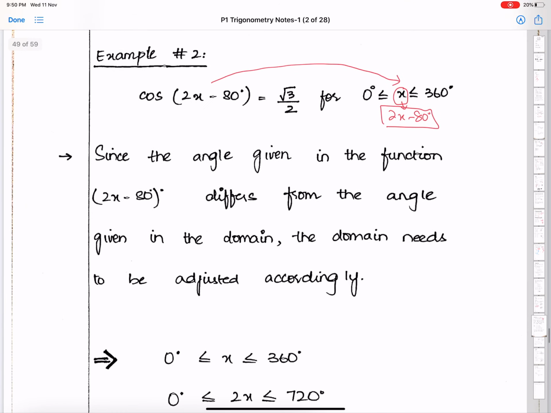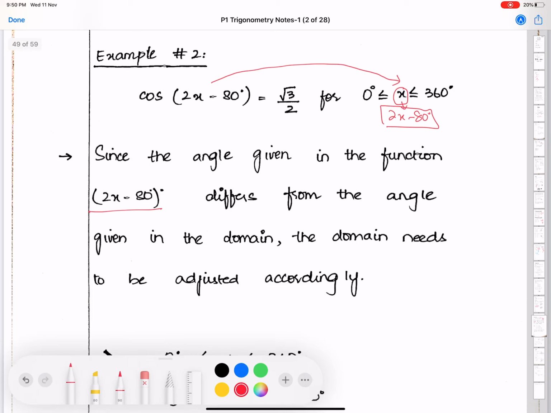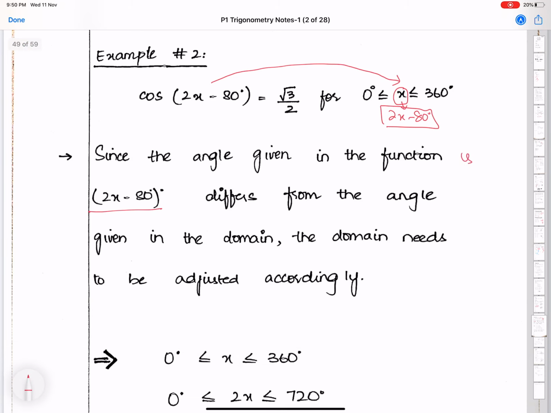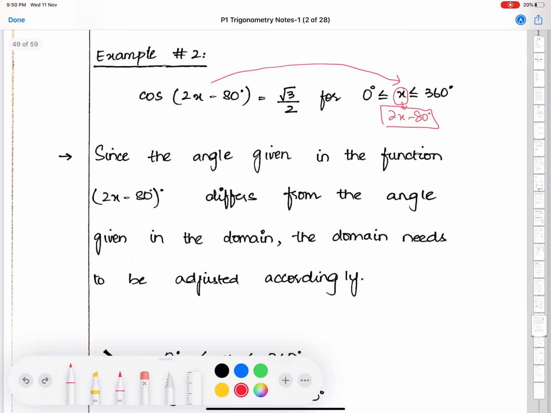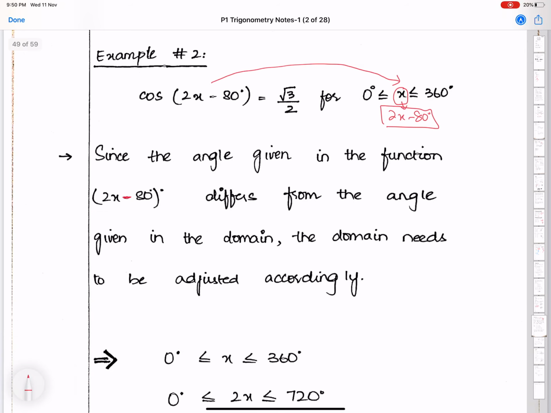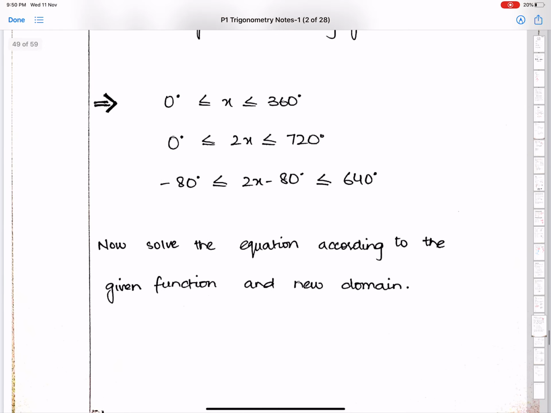Since the angle given in the function is 2x minus 80, which differs from the angle given in the domain, the domain needs to be adjusted accordingly. Here is the way to adjust the domain.